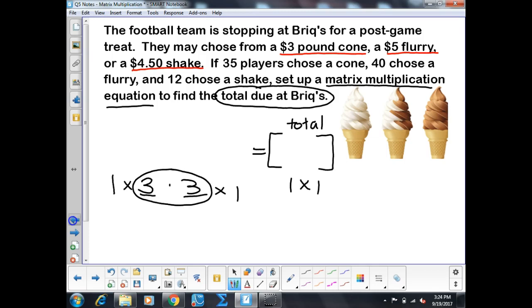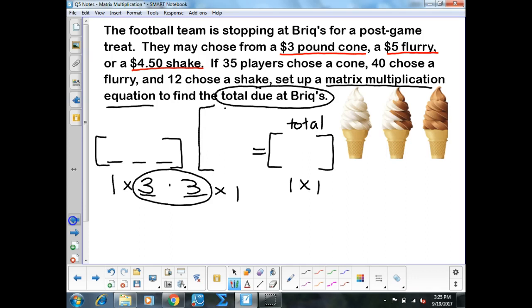If we think about how we would calculate a total, I would think about multiplying how many I'm buying times the price for each item. So let's make a 1 by 3 matrix. So I've got 1 row and 3 columns. And then I want to multiply it with a 3 by 1. So I want 3 rows and 1 column.